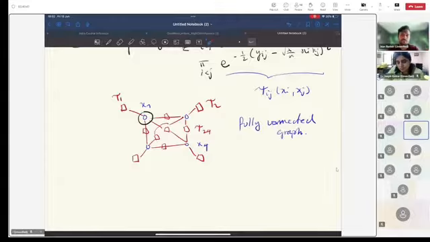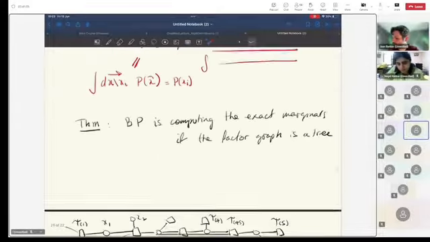Okay, sir. Actually, I have a question. In the last lecture, what you told about the factor and the variables, how many possible values of x could there be?